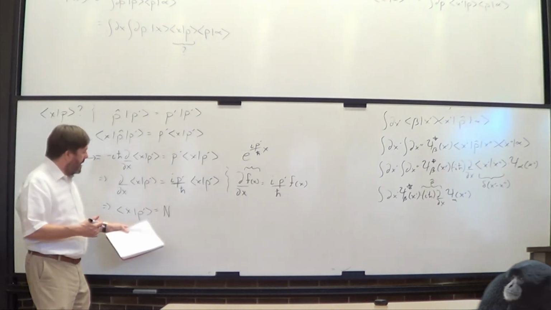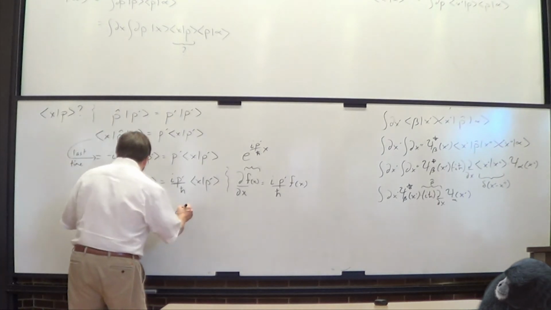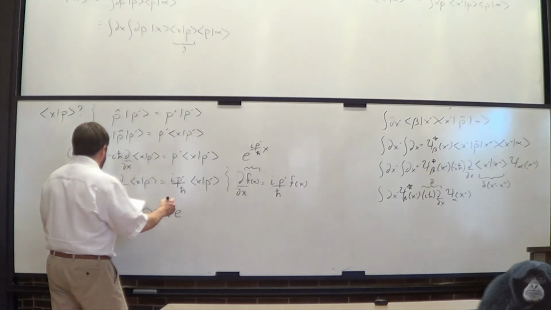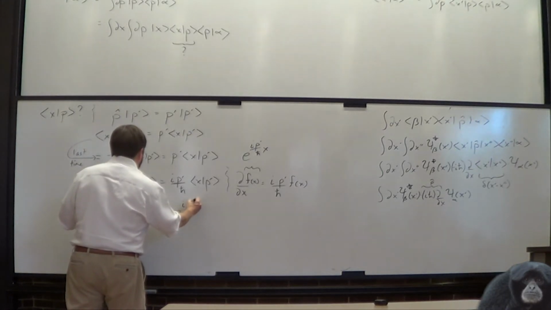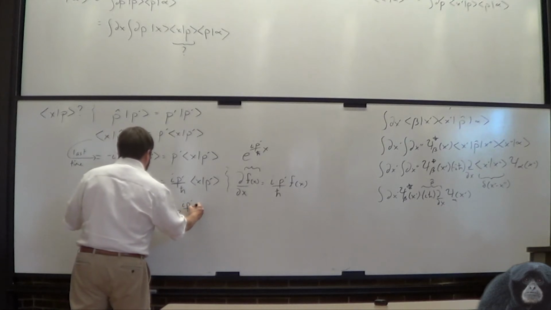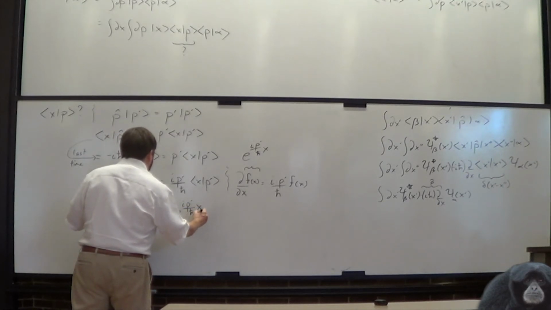So what you can't let this thing do is mess up the normalization. So I'm going to keep a constant because I have a feeling that the normalization may not be preserved.